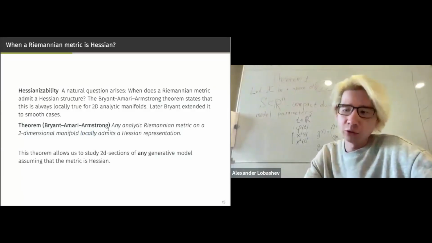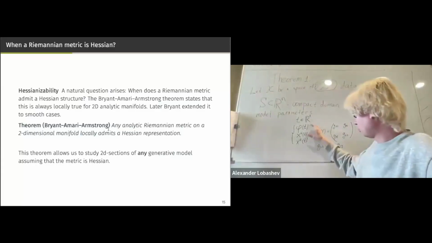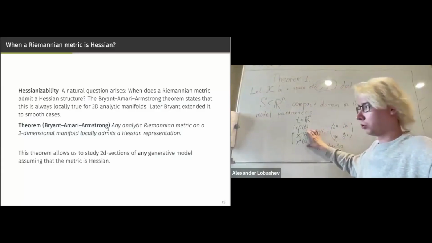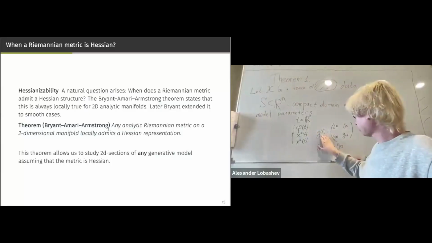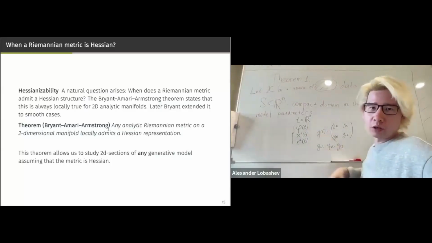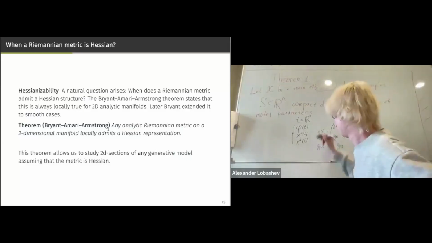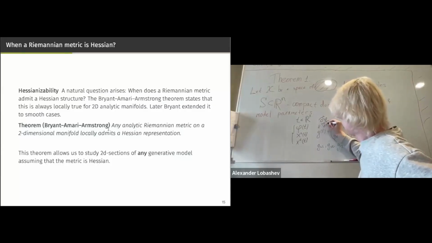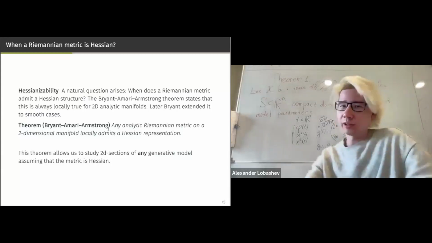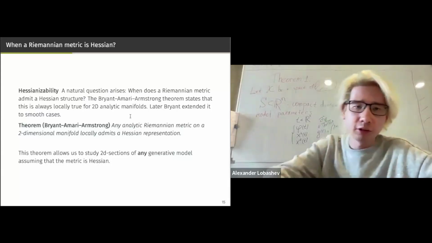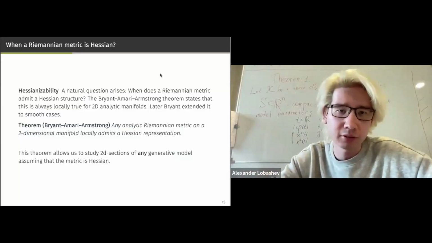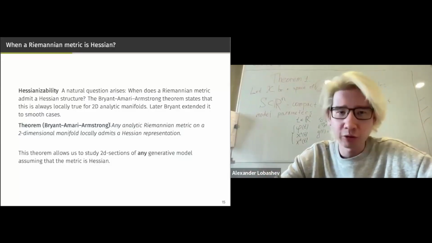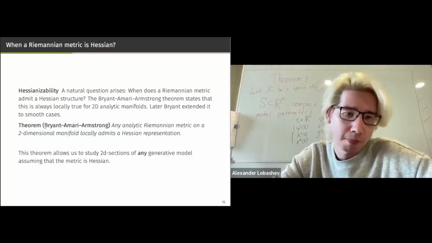So it is not that surprising that we could choose this convex potential and local coordinate chart in such a way that this metric will be reproduced as a Hessian of this convex potential, the second derivative of phi by dxi dxj. So at least from counting these degrees of freedom, it is not that surprising that this theorem is true.